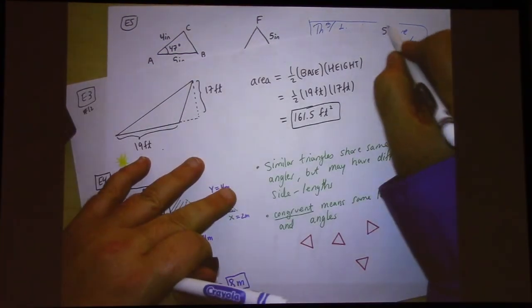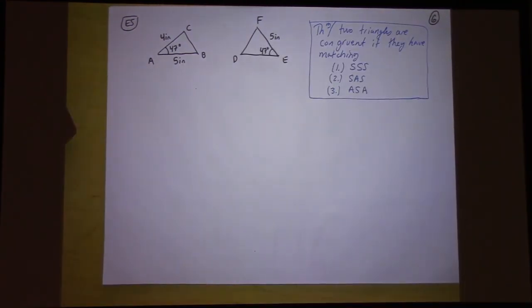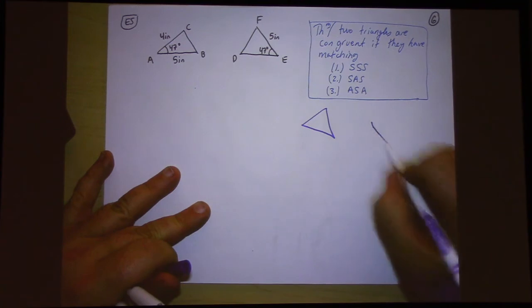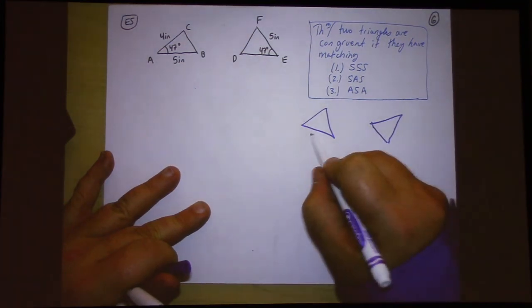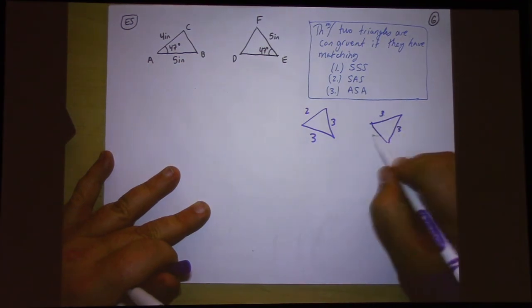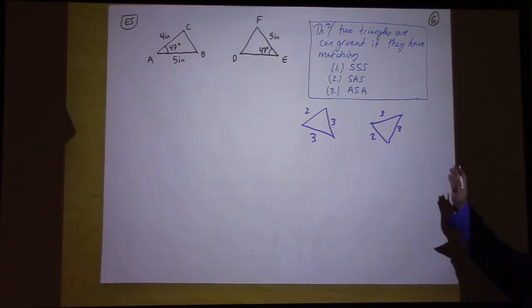Moving along, 5, 6. All right, so what this means is that if you have two triangles, let me show you examples of this, right? If I have these two triangles like this, and this is 3, this is 3, and this is 2, and this is 3, and this is 3, and this is 2, then I could say, hey, those two triangles are congruent by side, side, side.